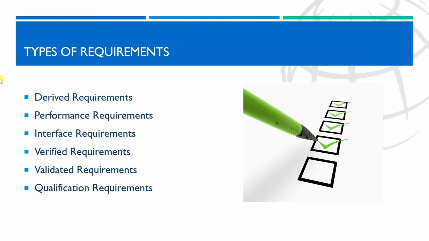The next type of requirements is the verified requirements, that are real requirements that are met or satisfied in the design solution. The next is the validated requirements, that are requirements that are implemented in the delivered system.